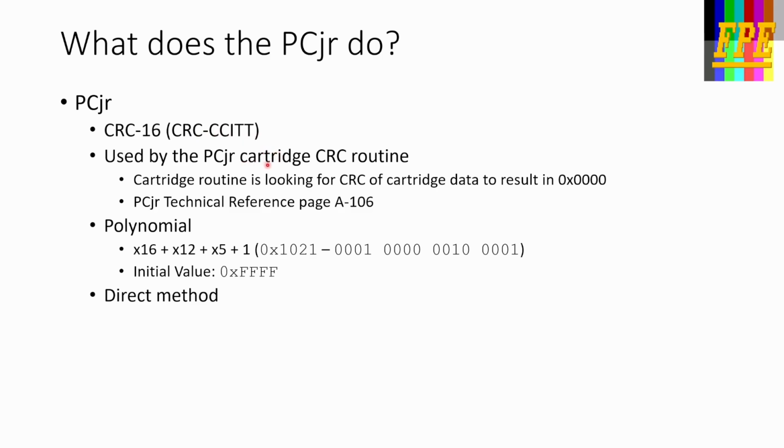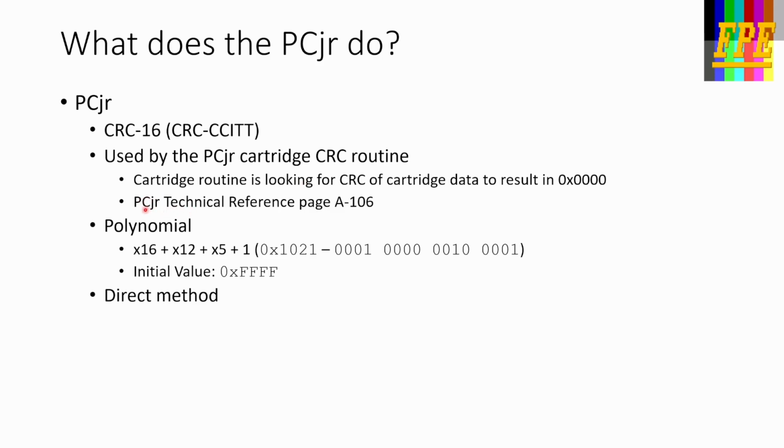And this is, again, as I said previously, used by the PCjr cartridge routine. And so what it's doing is it's running the CRC code on the bytes of the cartridge, including the header information and the CRC at the end. And so the end result should be 0000, and that's how it knows that the cartridge most likely does not have any bad data in it. Or just more specifically that it is a valid cartridge.